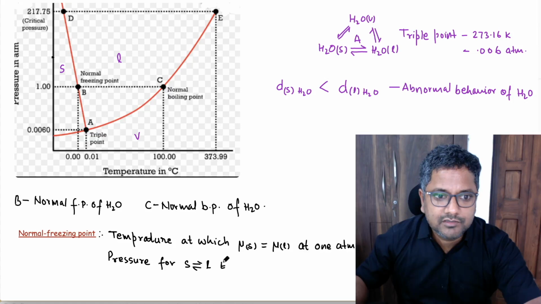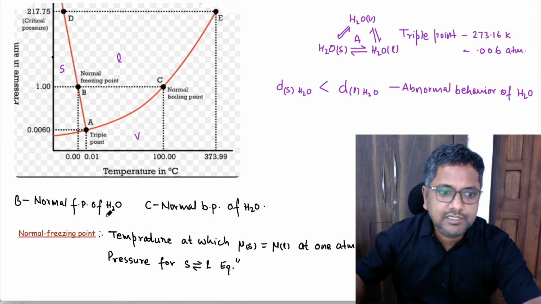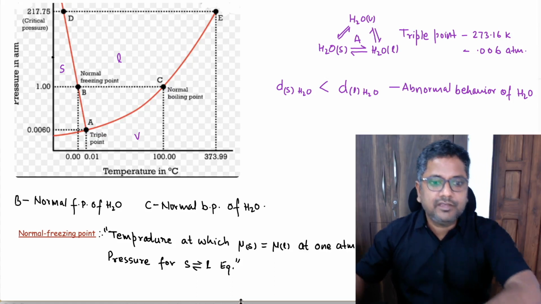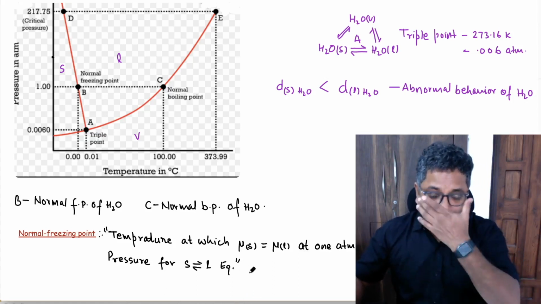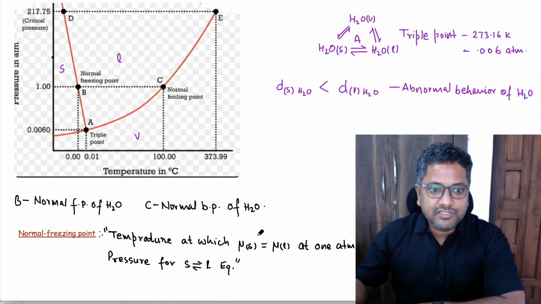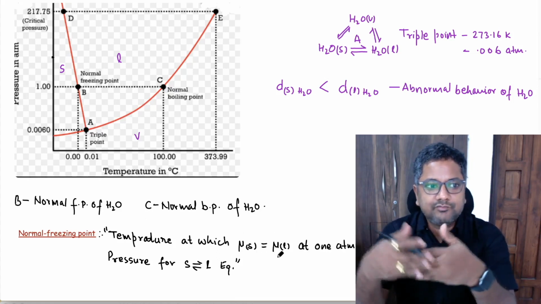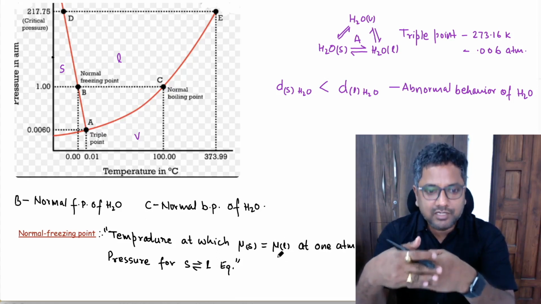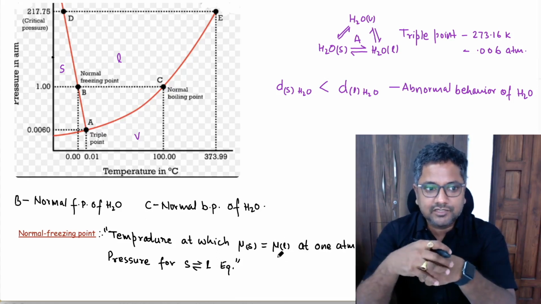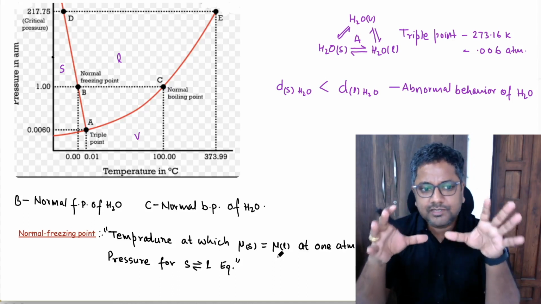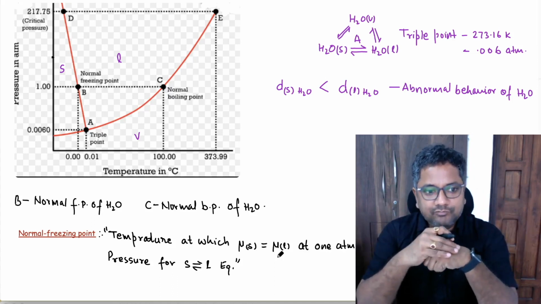So you can make this definition, that the temperature at which the chemical potential of solid and chemical potential of liquid is equal at 1 atm pressure for this equilibrium. You know, if the chemical potential of solid and liquid is equal, it means both are in equilibrium condition. So this is the condition for equilibrium. So this is the perfect definition of freezing point.